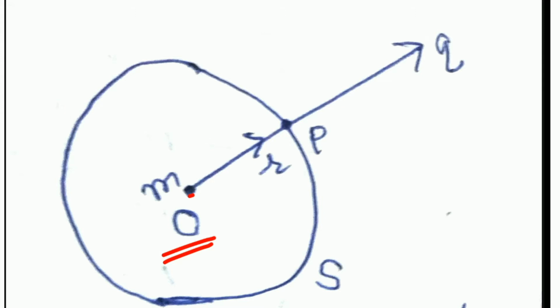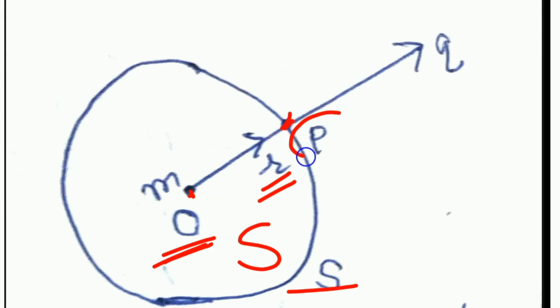And this S is the surface of the sphere with center O, and this r is the radius.